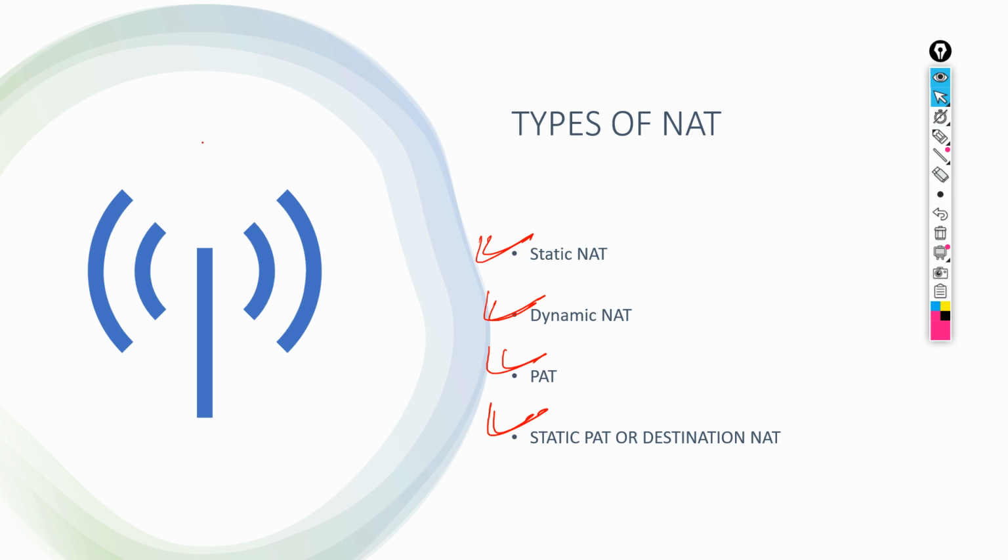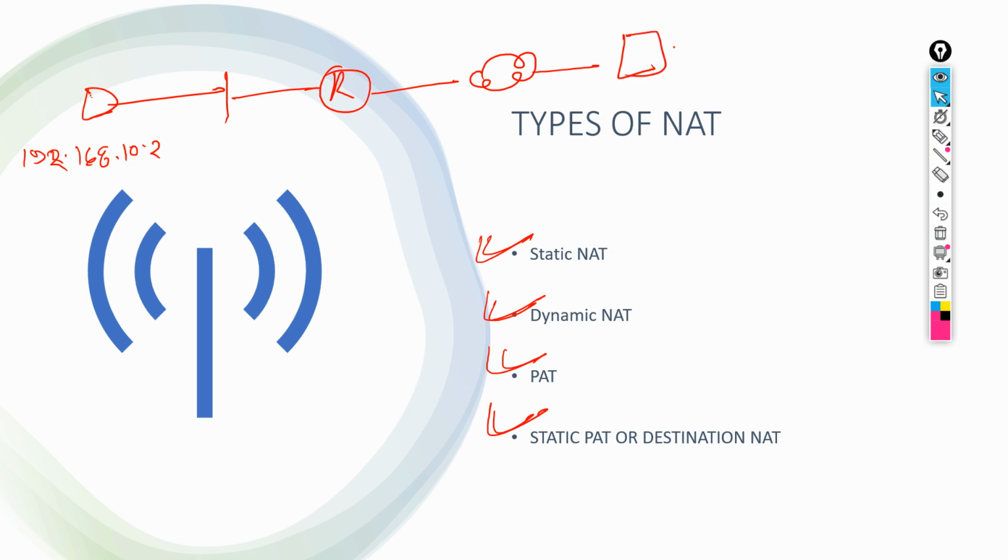Okay. So static NAT. Let's suppose again we have a user with the 192.168.10.2 IP, which is connected to the switch, to the router, to the internet, and internet to this public server 8.8.8.8. So by static NAT, I can map one private IP with one particular public IP.